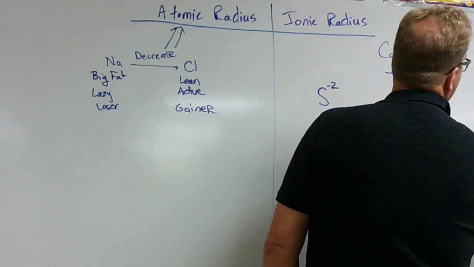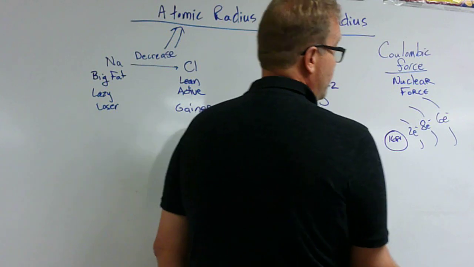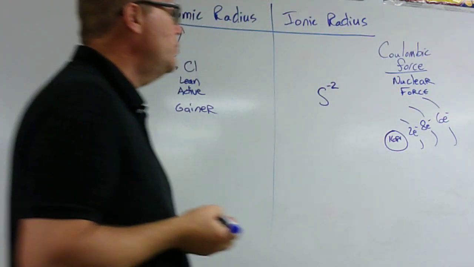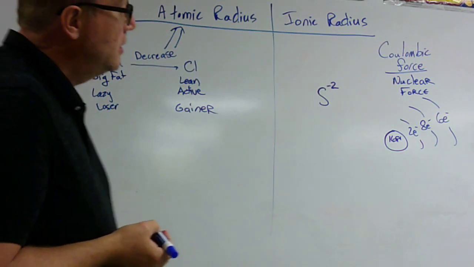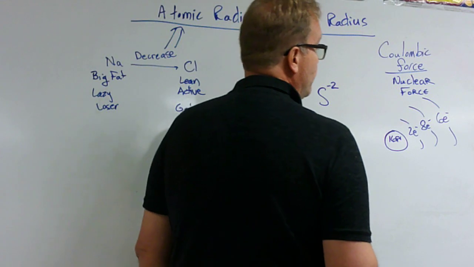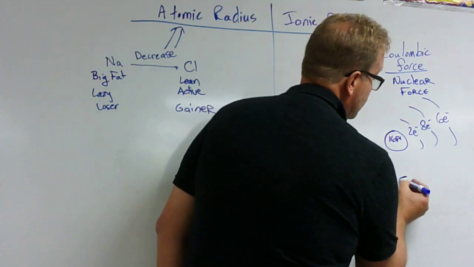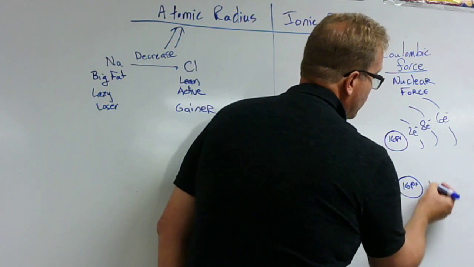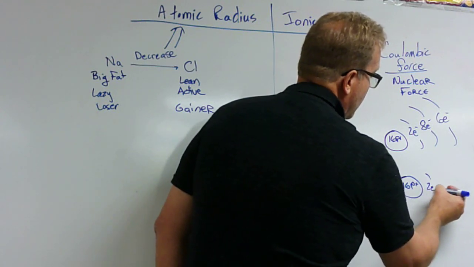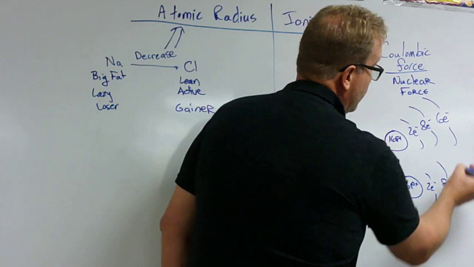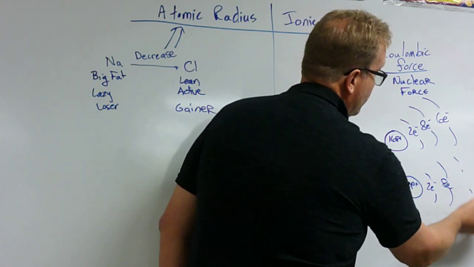What happens with an S -2? Well, here's what's going to happen with that. If I gain 2 electrons, it's going to be with my valence electrons, so it can become 8. So I still have my 16 protons, and this was where my 6 was.